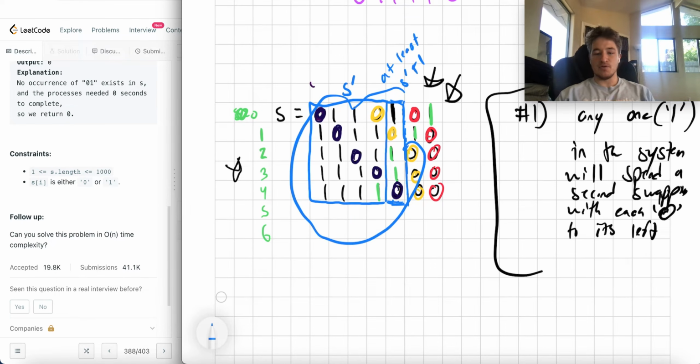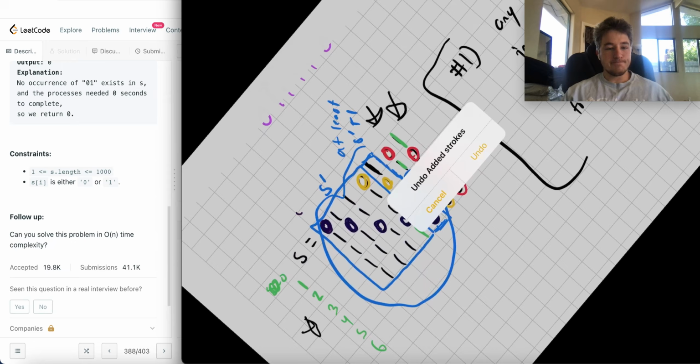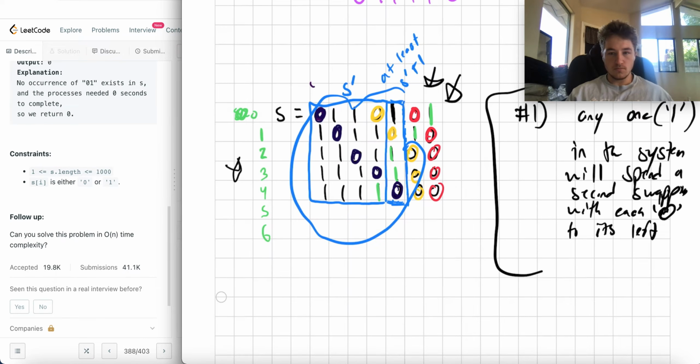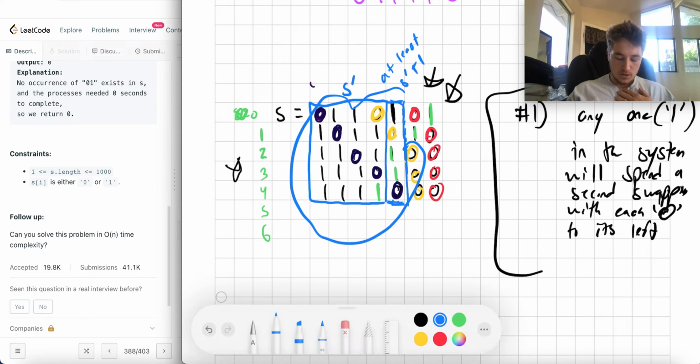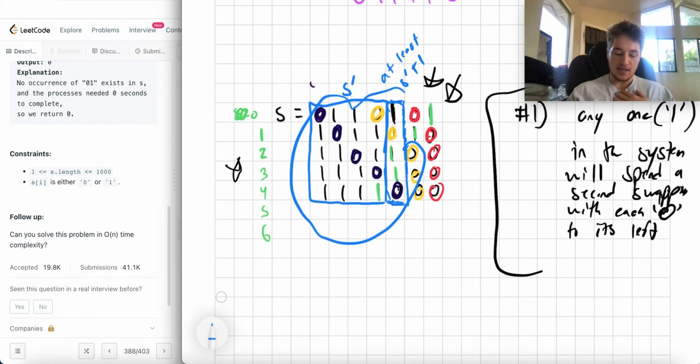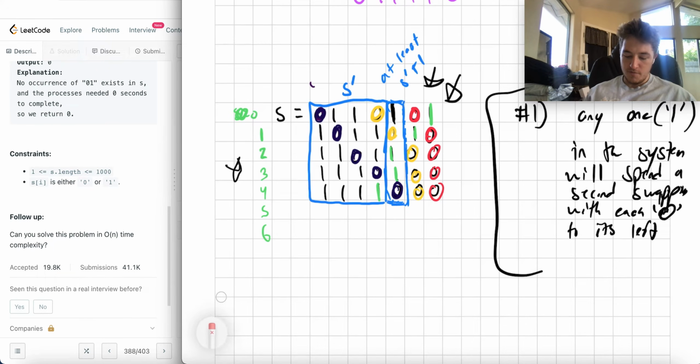How can you make any sort of assertion about when something can occur versus when something else can occur when it's the case that, how can you make that claim? How can you make the claim that it's going to take at least S plus 1 seconds if something before it takes S prime seconds? Well, if you follow this system through, right?